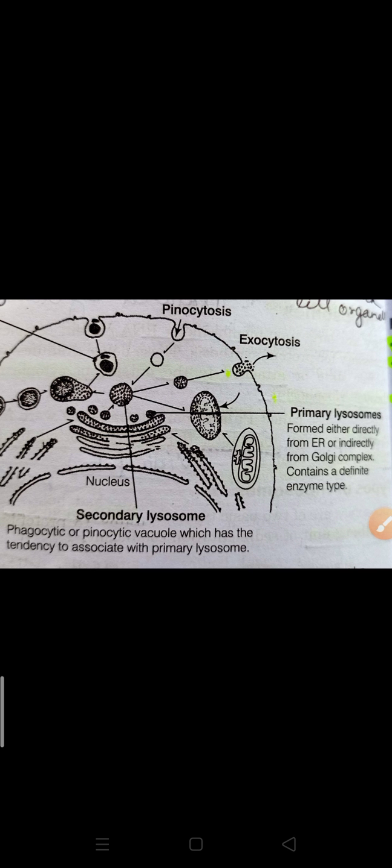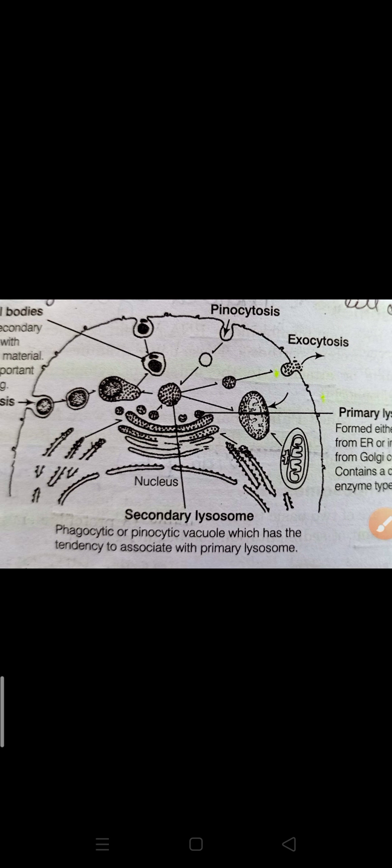Clear? So we can say that GERL is a very important system inside the cell. It is very necessary for the regulation of the cell.